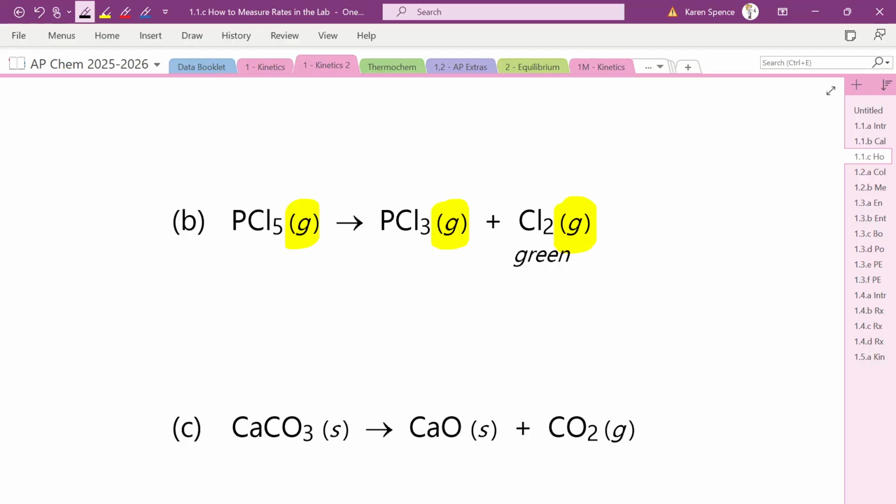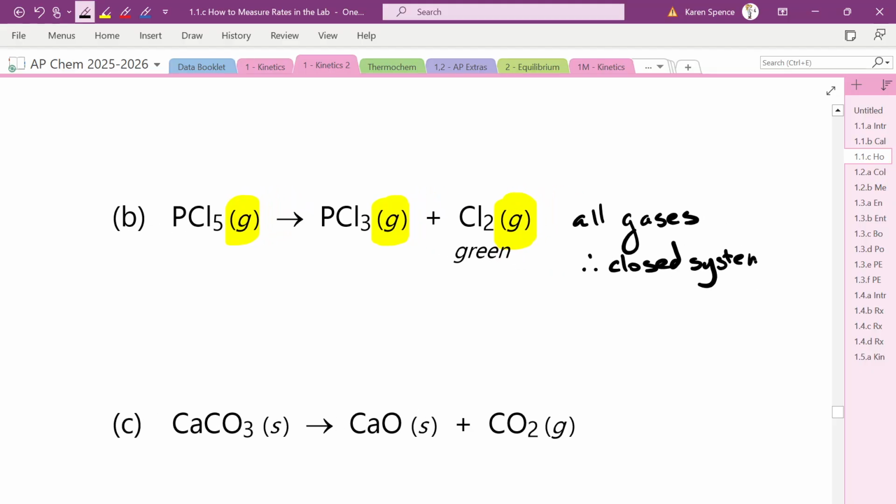Okay, because otherwise the gases would just scatter to the winds. Yes? So for this one, I would tend to look at either pressure or volume.